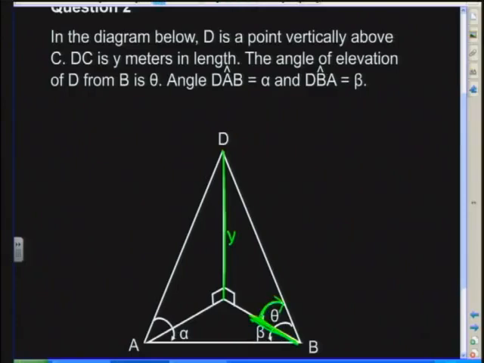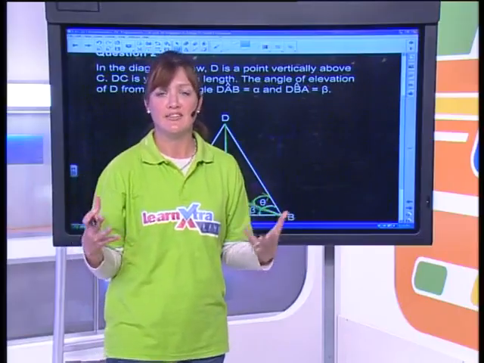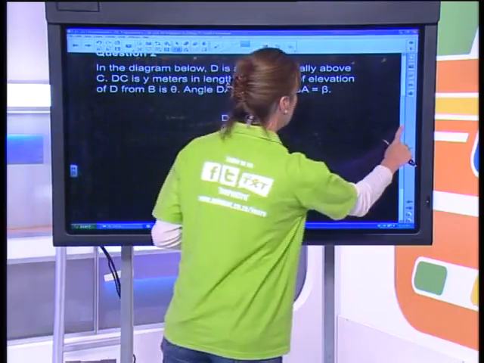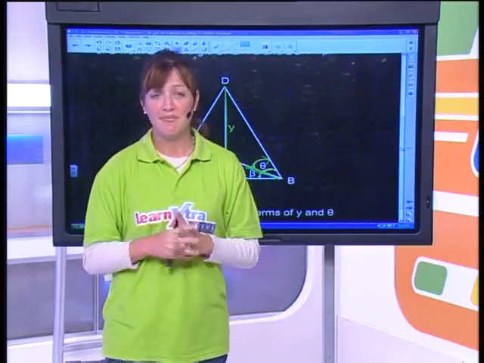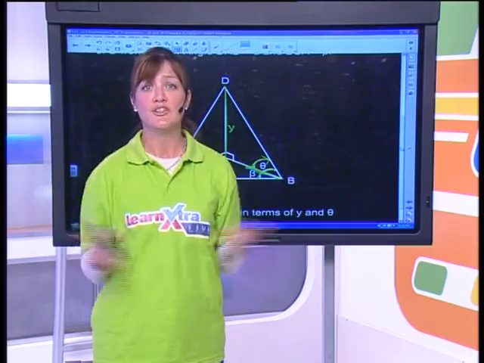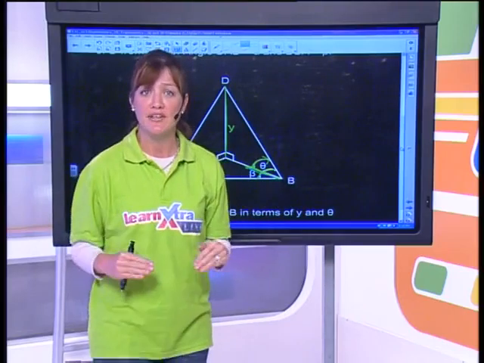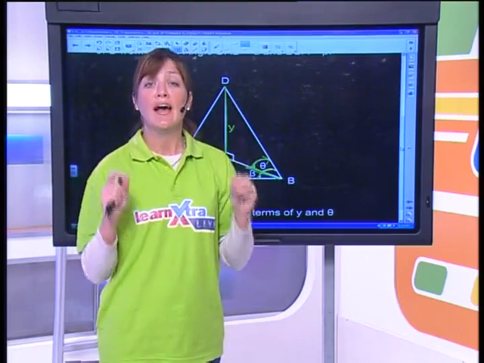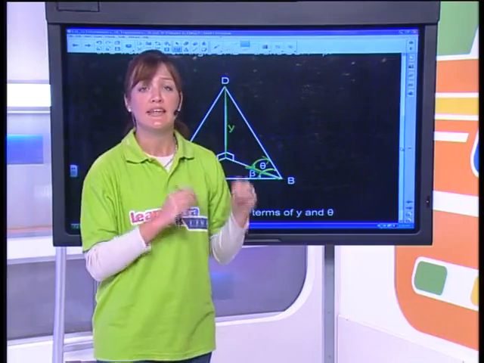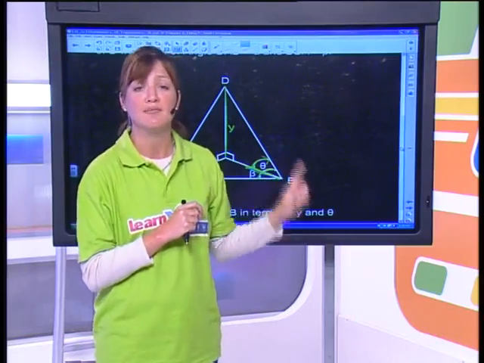And angle DAB, the whole angle over here, is alpha, and DBA, the whole angle over here, is beta. Okay, so we've filled in all of that and taken note of it. Now we need to start our whole process. When a question is like this, step number 1: read your question carefully. Step number 2: try and fill in as much missing information on that diagram as you possibly can.